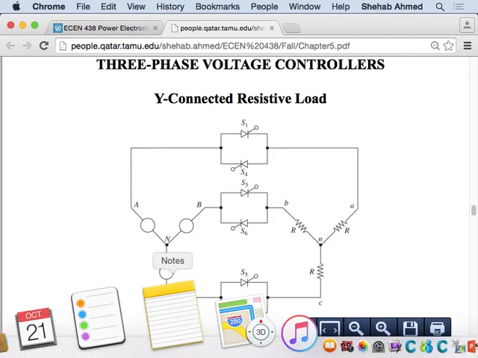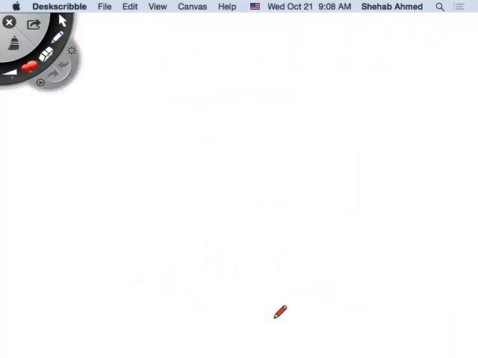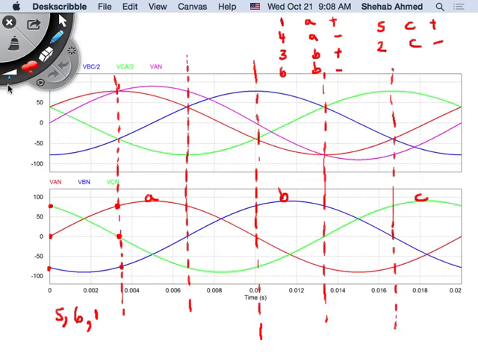So let's go back to what I drew. Hopefully this is now clear why in the diode case, these are the diodes that would have been conducting, because 5, 6, and 1 correspond to phase B flowing negative current. Remember, this is equivalent to a half-wave rectifier-like circuit, but with an AC source.